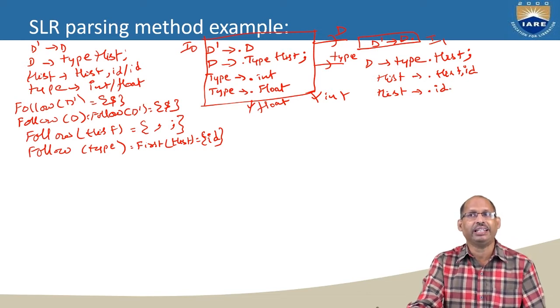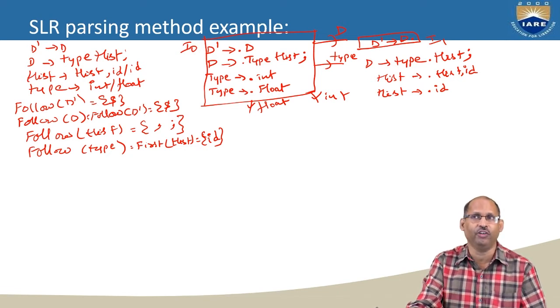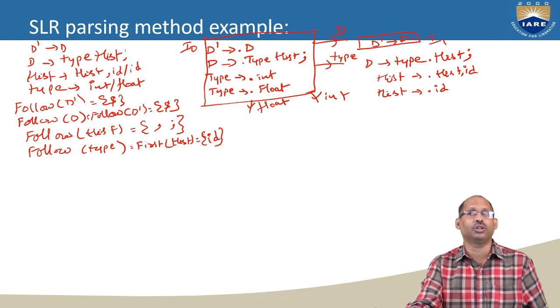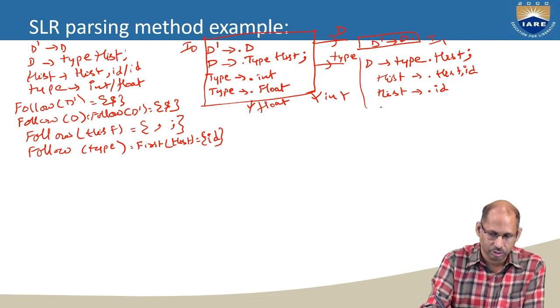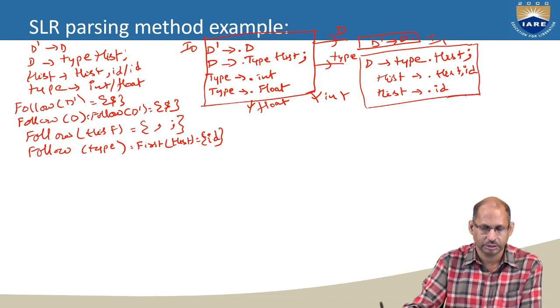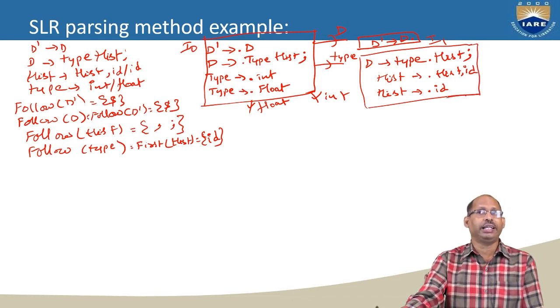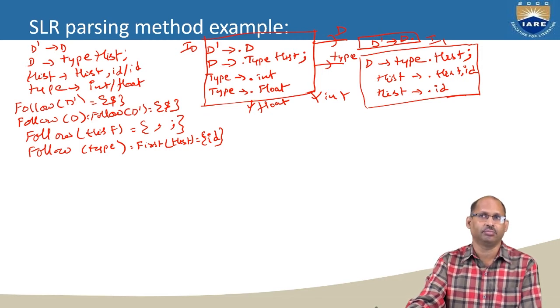Finally, dot at the end. Dot followed by id, a terminal. So the closure operation is completed. List gives dot id.